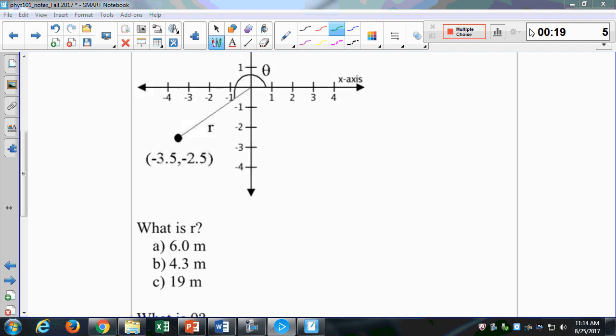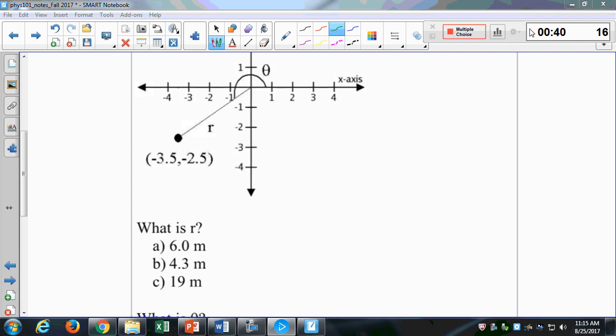And then you can go and answer the next question, which is what is theta? What is r?